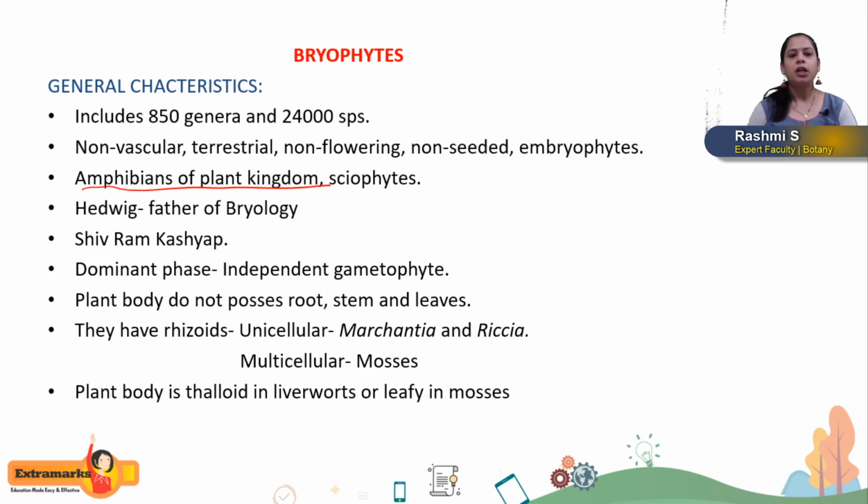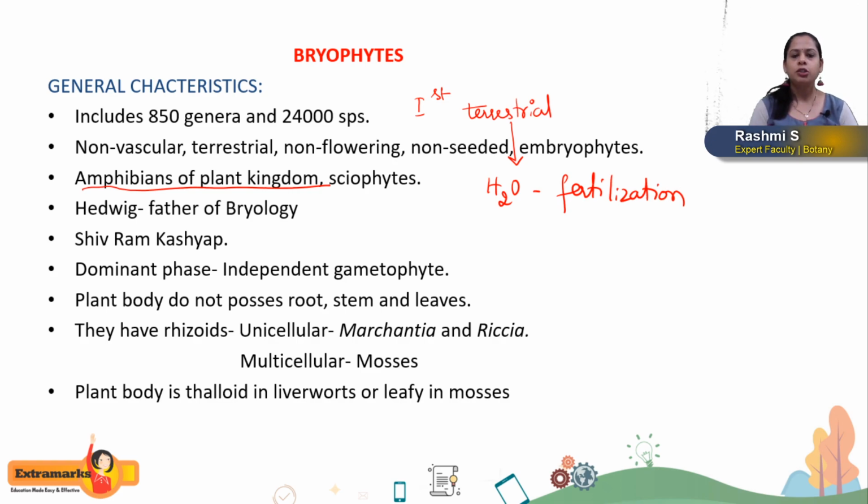These are called amphibians of the plant kingdom because these are the first terrestrial plants that evolved, but still, even though they are terrestrial, they require water during fertilization. Hence, they are called amphibians of the plant kingdom.